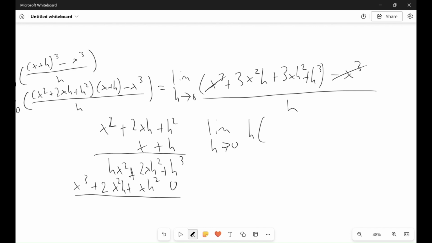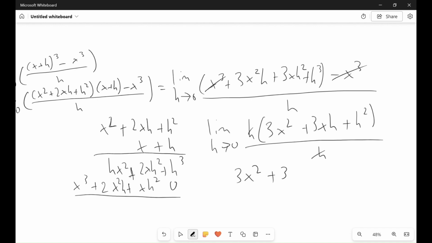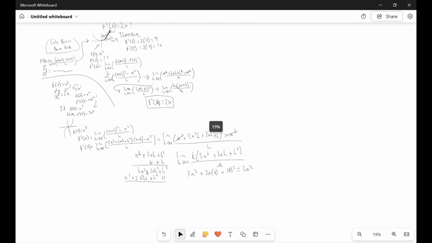Okay, so we have h times 3x squared plus 3xh plus h squared over h. The h's cancel again. Now we can plug it in. So we have 3x squared plus 3x times 0 plus 0 squared, which is looking good. It's just 3x squared. And that's what we expected to get.